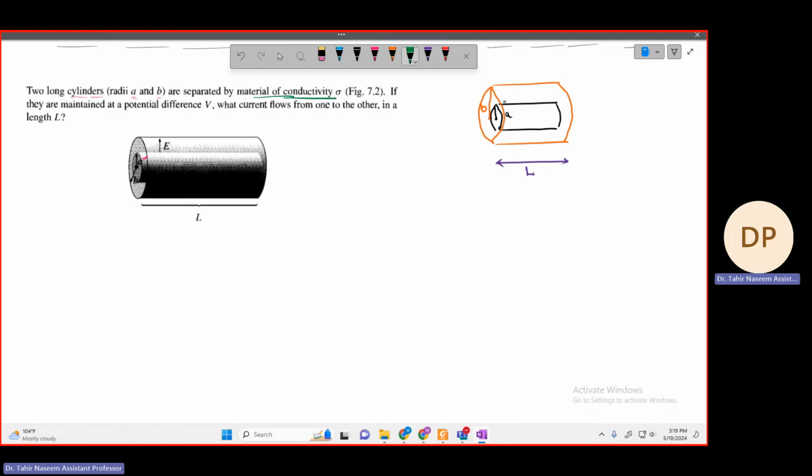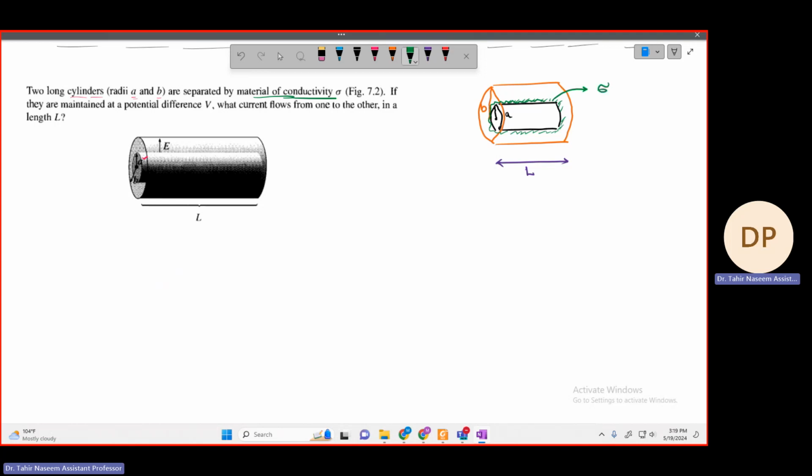So you can imagine there is an inner cylinder and then there is an outer cylinder, but in between, for example, we have this green material, which lies between these two cylinders, and the conductivity of this material is sigma.